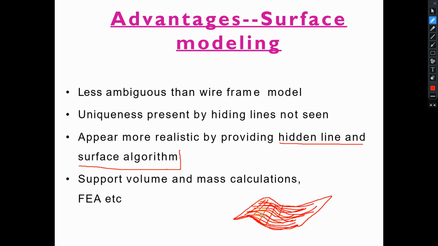All these lines will be removed by the algorithm, and it will show the surface as a plane surface. So you won't be seeing any lines, you will be only seeing the corners and all the edges and the surface, only the surface and not the line.